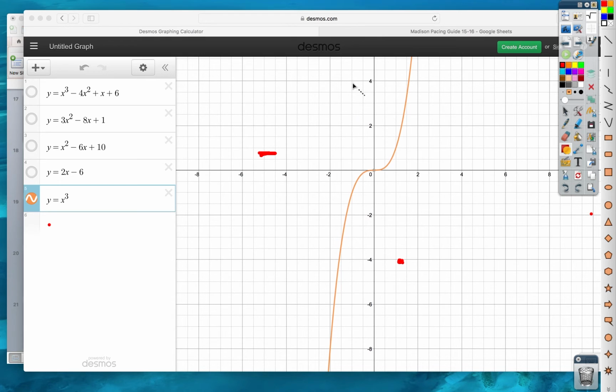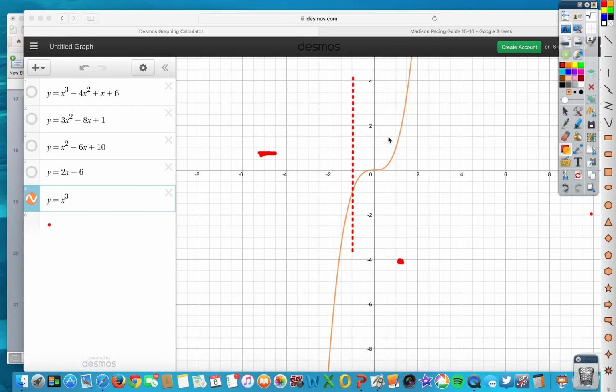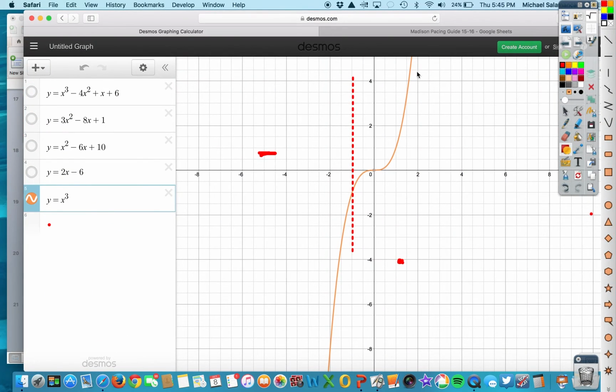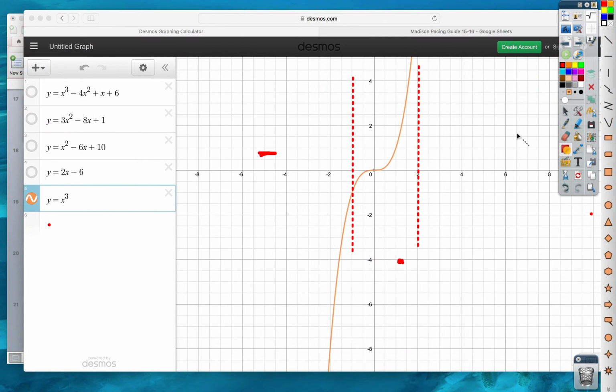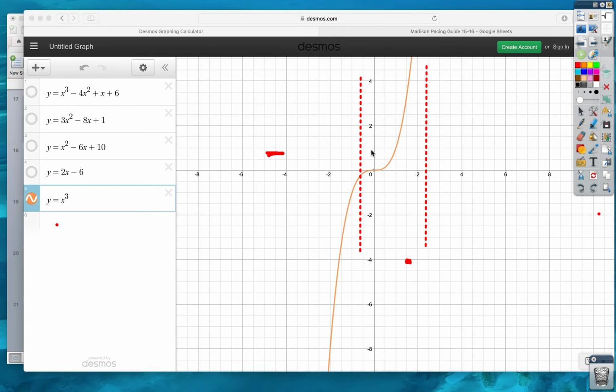So what I'm going to do really quick is put some boundaries for us. We're going from -1 to 2, like so. Now, if I'm looking at the limit at -1 and the limit at 2, well, if I'm looking at the limit at -1, then I can't really start from the negative side.